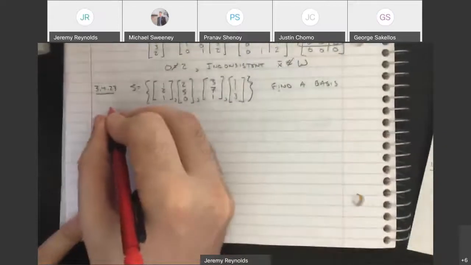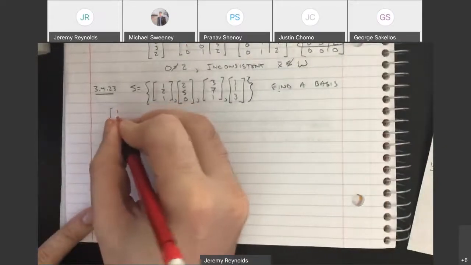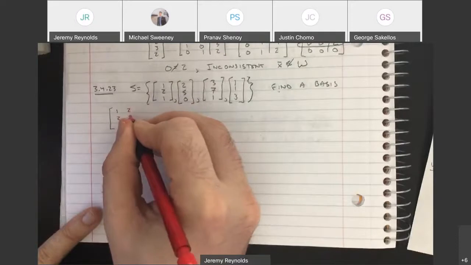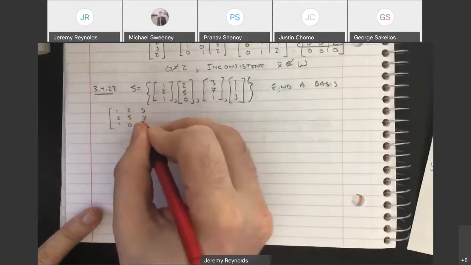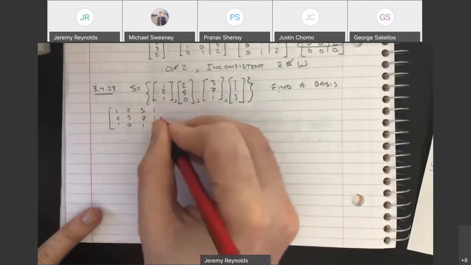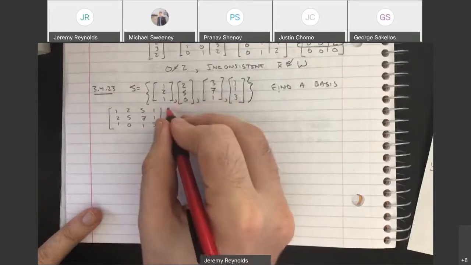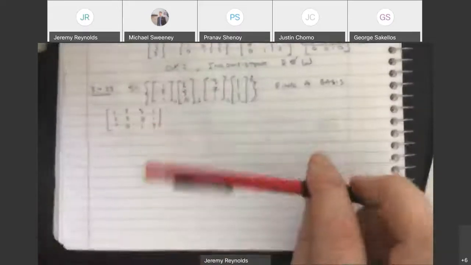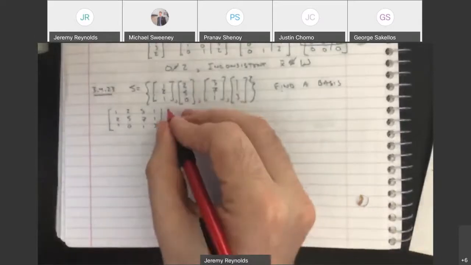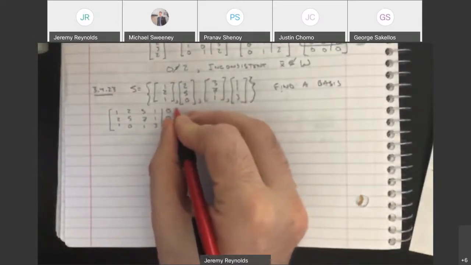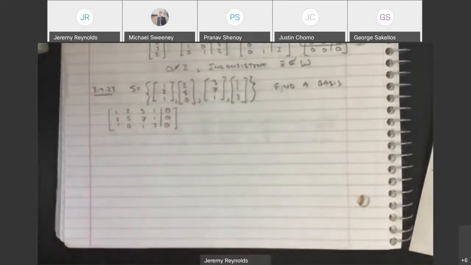So if we create the augmented matrix, we're going to use a method. So the method we're going to use, I don't know if I've mentioned this yet, we're going to set the equation equal to the 0 vector.